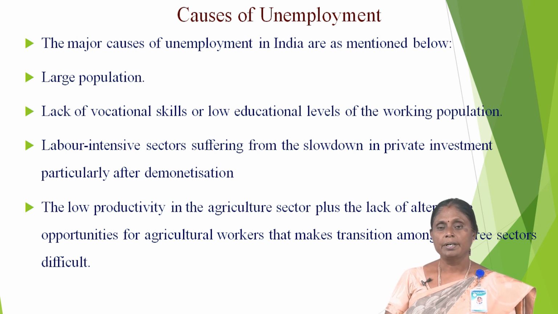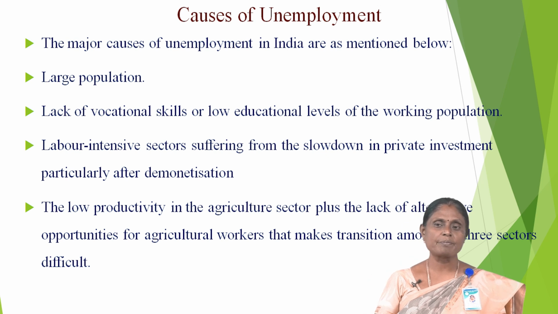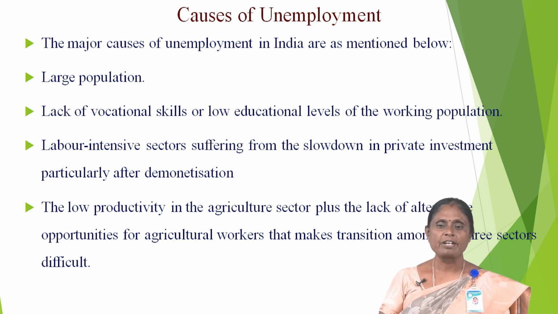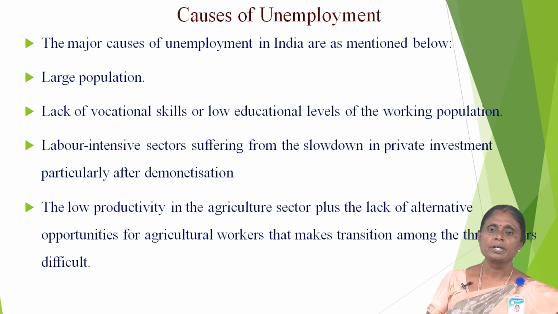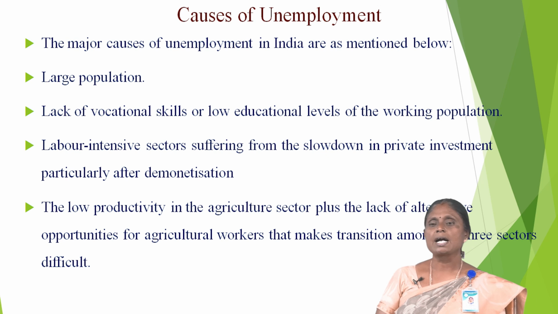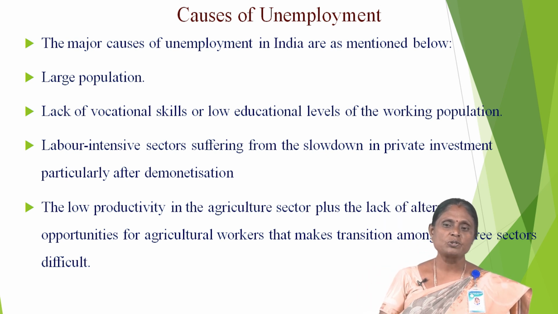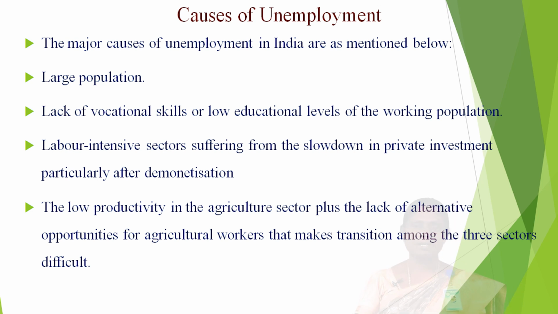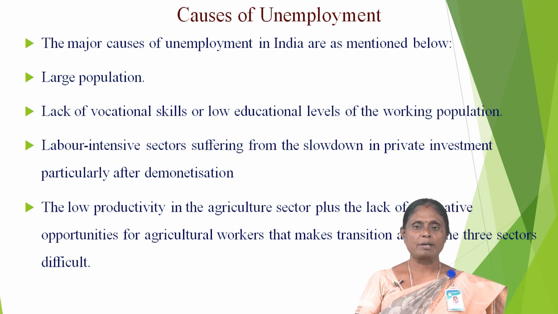Next, labor-intensive sectors suffering from the slowdown in private investment, particularly after demonetization. The next cause is low productivity in the agricultural sector plus the lack of alternative opportunities for agricultural workers, which makes transition among the three sectors difficult.